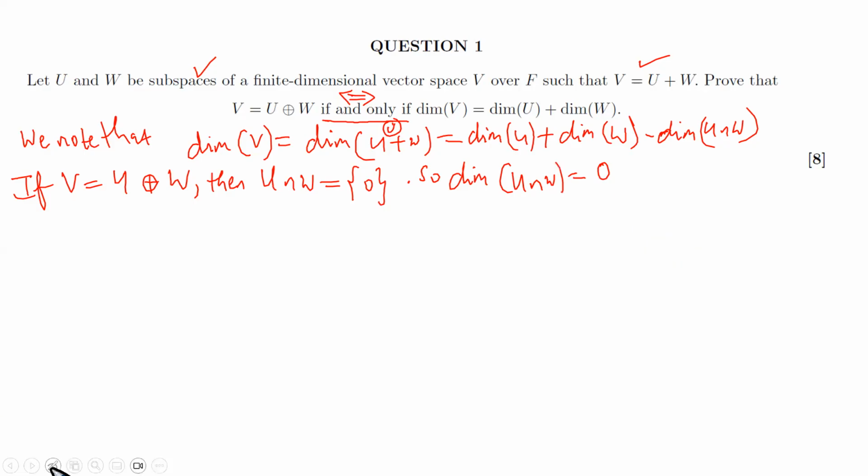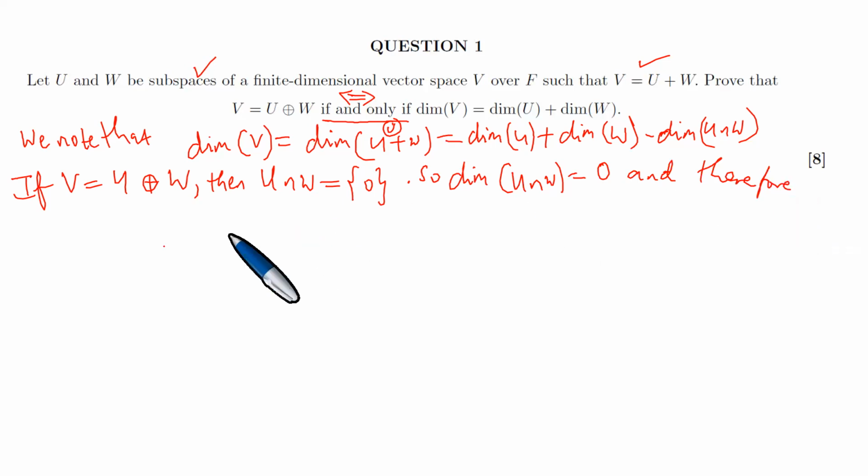It is 0 because the dimension is nothing other than the number of linearly independent vectors in a subspace. There are 0 linearly independent vectors here, and therefore the dimension is 0. I'm going to look at that in detail at some point, but just note that the dimension of the 0 vector space is 0.